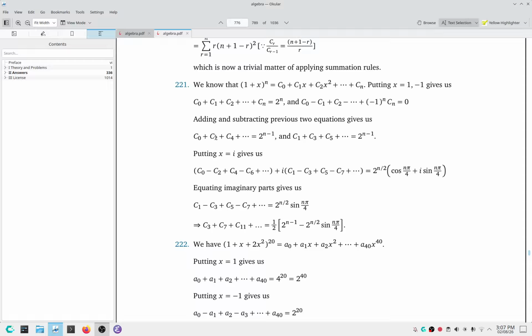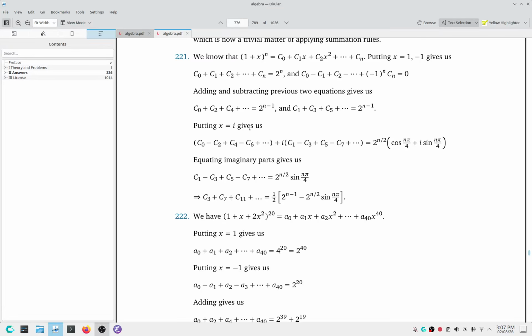We arrive at C0 plus C2 plus C4 and so on is equal to 2 to the power n minus 1, and C1 plus C3 plus C5 and so on is equal to 2 to the power n minus 1. Now we put x is equal to i here. We get C0 minus C2 plus C4 minus C6 and so on plus i times C1 minus C3 plus C5 minus C7 is equal to 2 to the power n upon 2 cos n pi by 4 plus i sin n pi by 4.